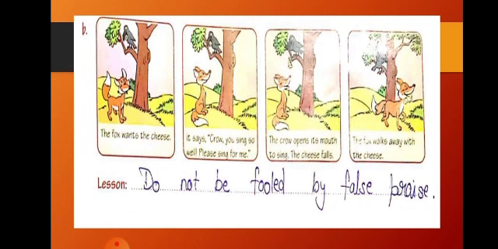So the fox says, "Crow, will you sing for me?" And the crow opens its mouth to sing, and as the crow opens its mouth, the cheese falls down. The fox took the cheese and ran away. Okay, so the lesson is, do not be fooled by false praise.